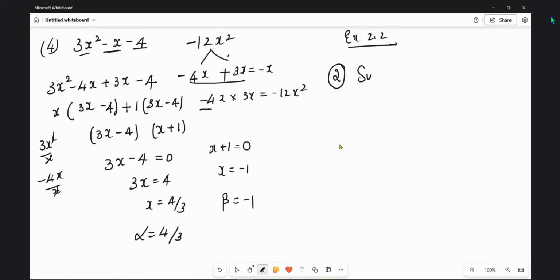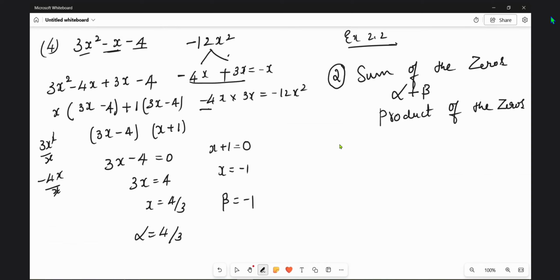So sum of the zeros means alpha plus beta they have given. Okay, and product of the zeros, alpha into beta, correct? So alpha plus beta they have given as 1 by 4, alpha into beta they have given as minus 1. Now you should find the quadratic polynomial.